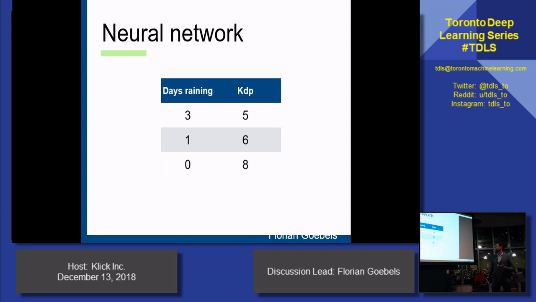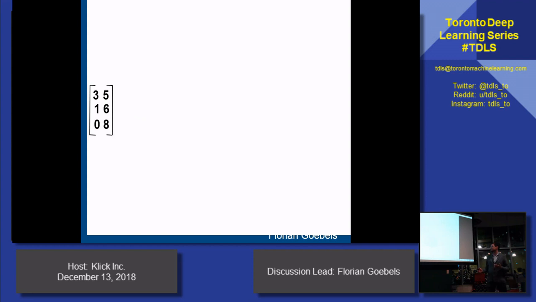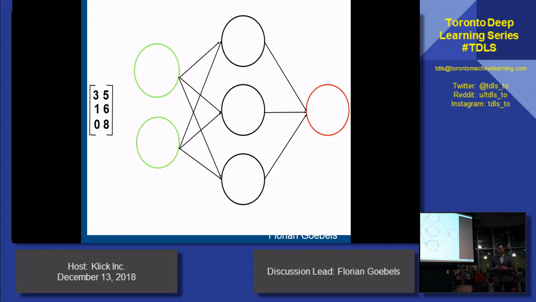And what's happening is you can write this data in this kind of matrix notation. And this is a very typical neural network representation. You have the input layer, the hidden layer, and the output layer. The data moves through the neural network from the input layer to the hidden layer to the output layer, creating your final prediction.